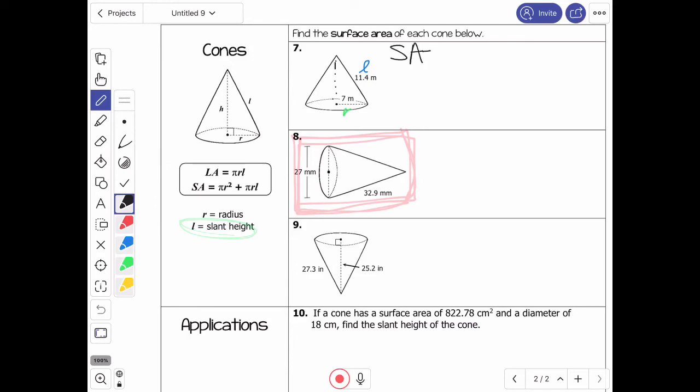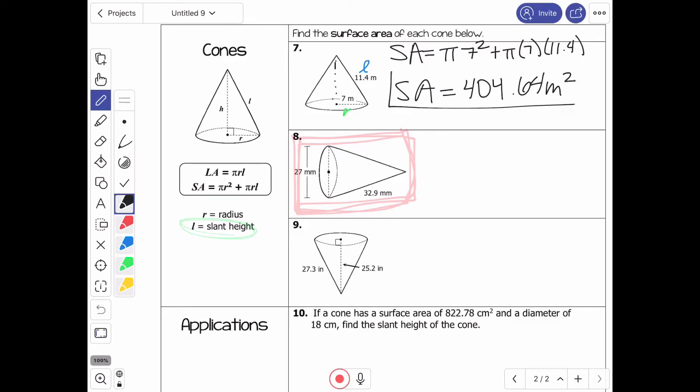So surface area equals pi times r squared, so pi times 7 squared plus pi times 7 times 11.4. And so my surface area is 404.64 meters squared. And again, I'm using pi, so that's why if you use just 3.14, you might get a little bit off with your decimal.